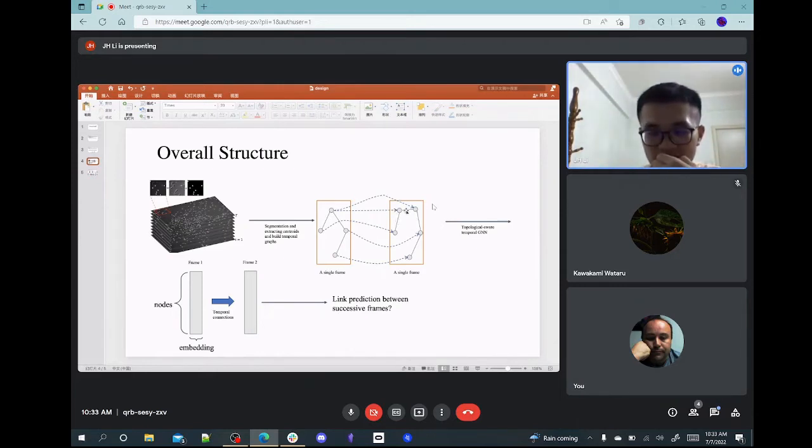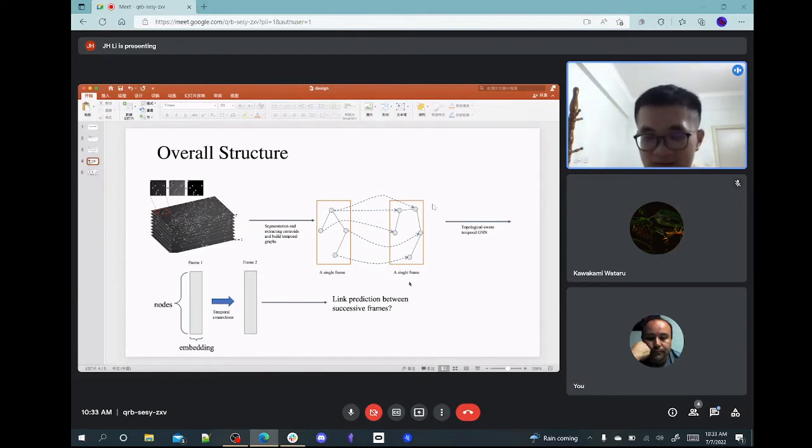And actually, how they connect nodes between successive frames is they check the Euclidean positions between those nodes.